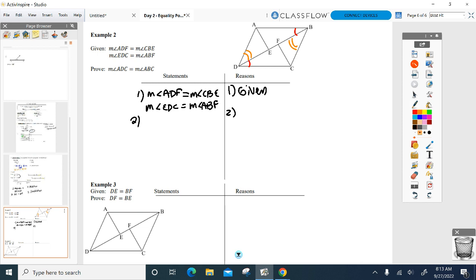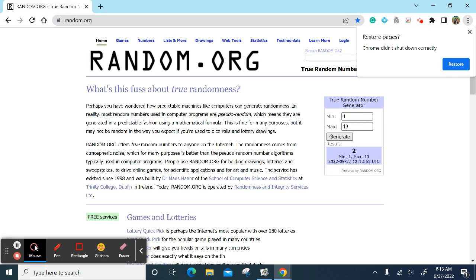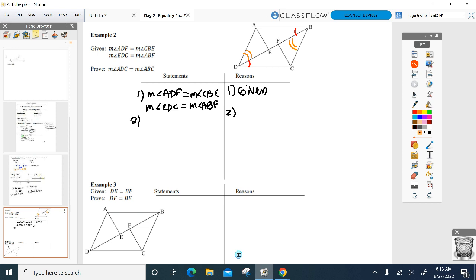The only thing you need to tell me is, what angles are you going to add up? Give me the correct angles you're going to add up. Give me 1 pair. Angle ADF plus EDC. I like it. EDC, excellent.